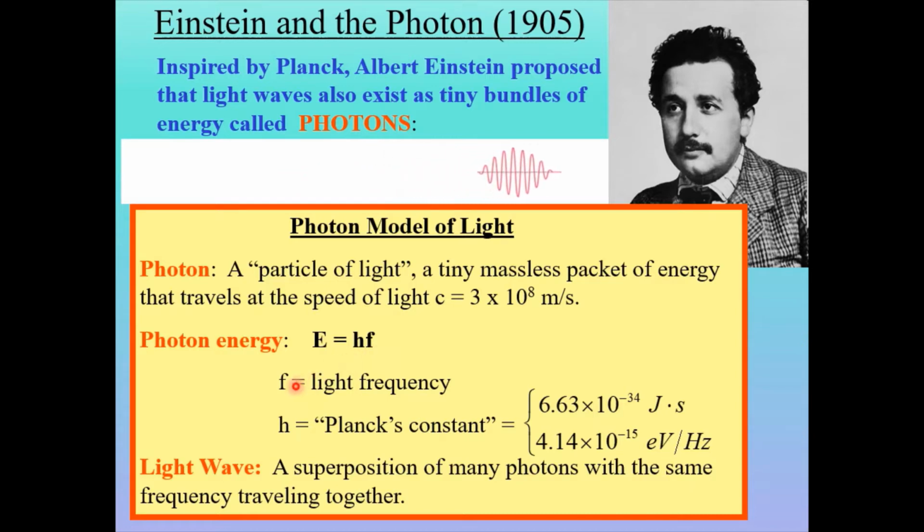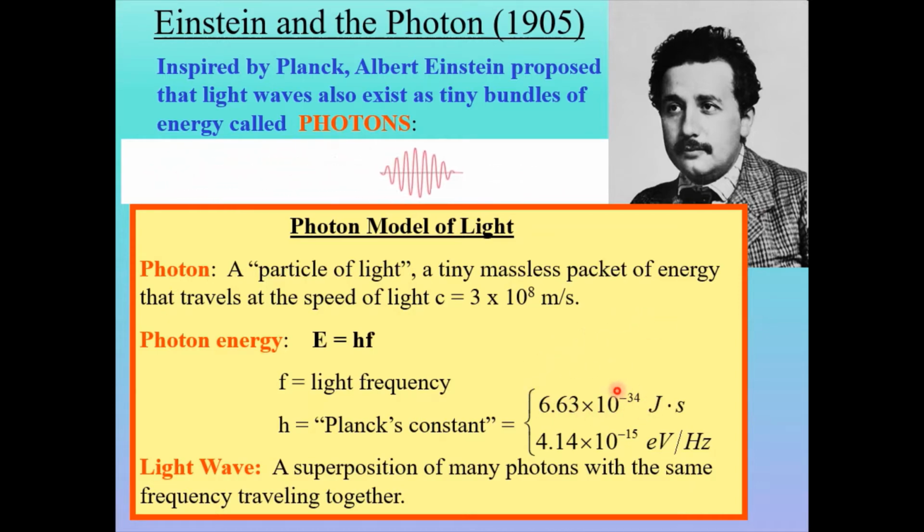Now, f is the frequency of the light, and h is called Planck's constant, named after Max Planck. Notice it has an extremely tiny value: 6.63 times 10 to the minus 34 joule seconds. So this is why no one had ever noticed those stair steps in energy like we talked about on the last slide.